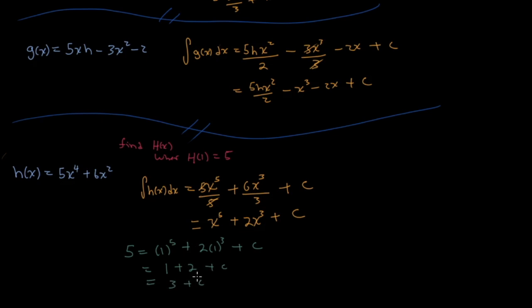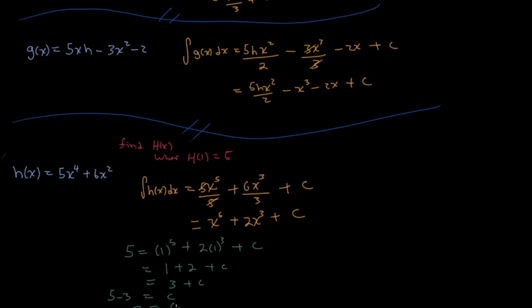Now if we want to find out what c is equal to, we'll bring the 3 over, so we subtract 3 from both sides. That gives us 5 minus 3, which is equal to 2. So c is equal to 2.